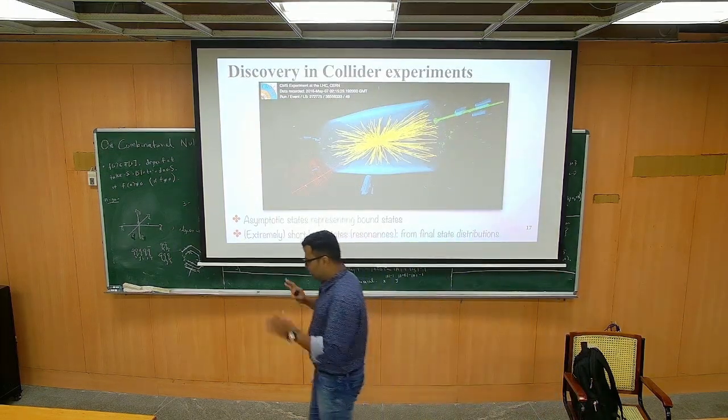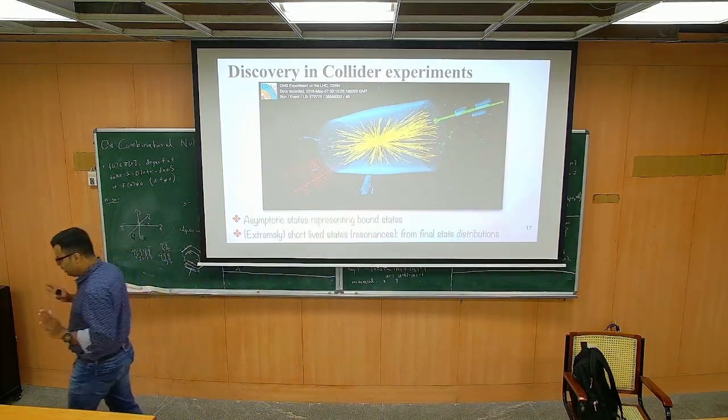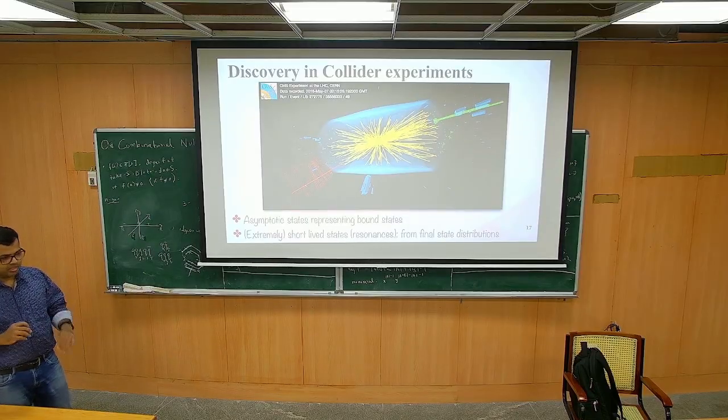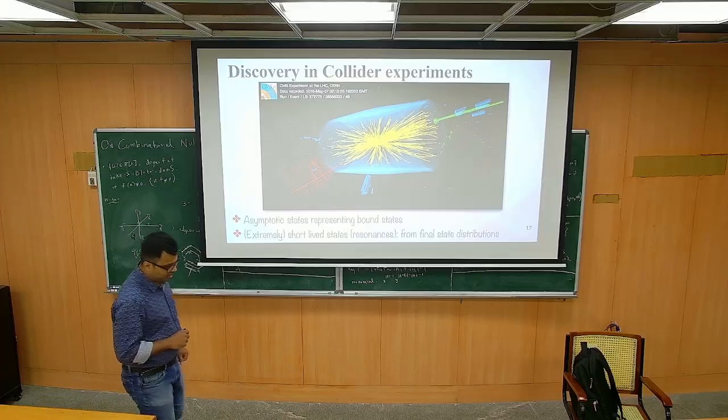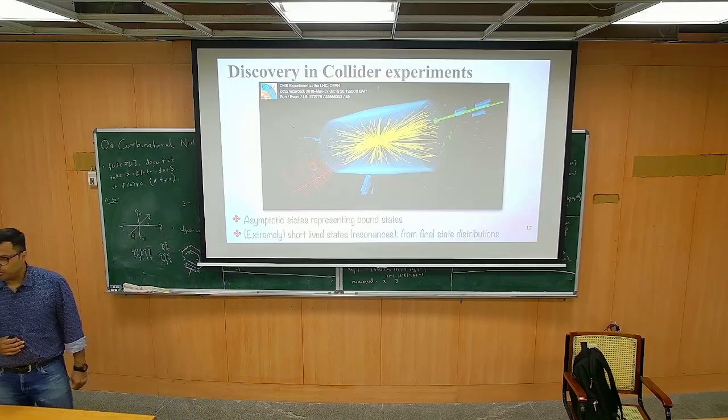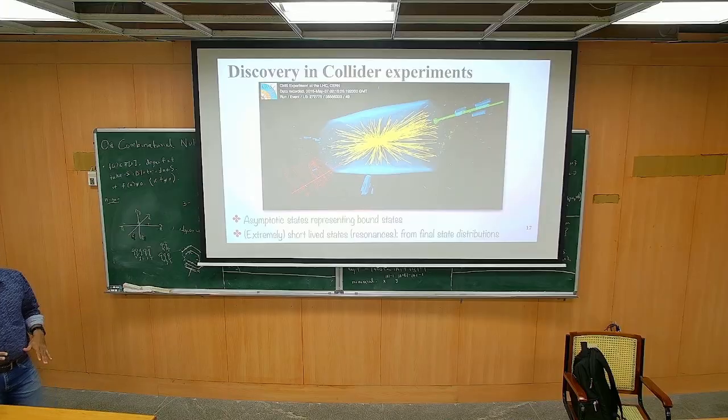This much said, let's get some feel of how these systems are studied in experiments before we go into the theory or computation part. Like I said, protons and neutrons are not the only hadrons that we know of. We now know of nearly 100 hadrons. Around 50 are four-star or well-established hadrons, while many others are less established, in the sense that they are given certain stars to indicate how well they are determined.